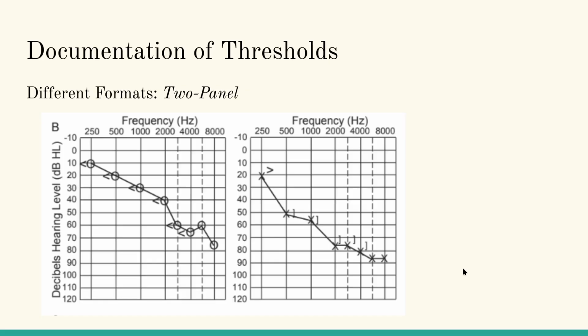With the software I use, it defaults to the two-panel mode, and then I automatically switch it to the single panel mode when I'm done testing so I can see it all together. It's sometimes more convenient to have the two-panel mode when you're comparing to previous audiograms, with a line showing a previous audiogram. But when you're comparing ears to each other, it's helpful to have a single panel mode.